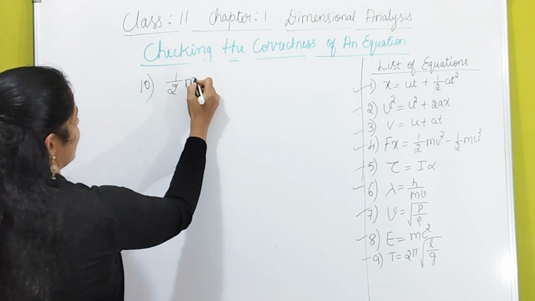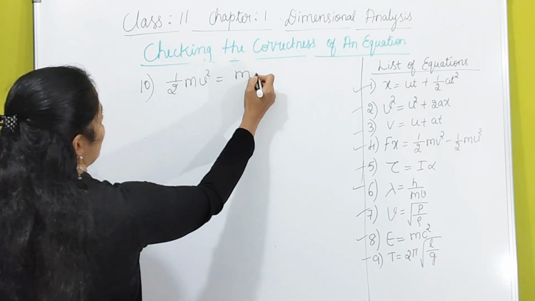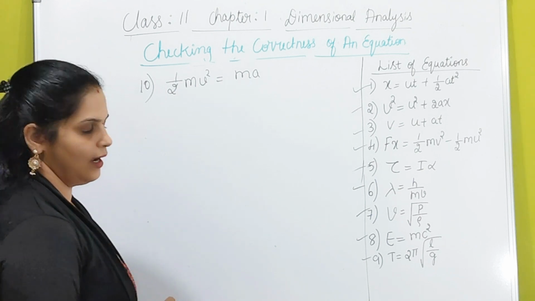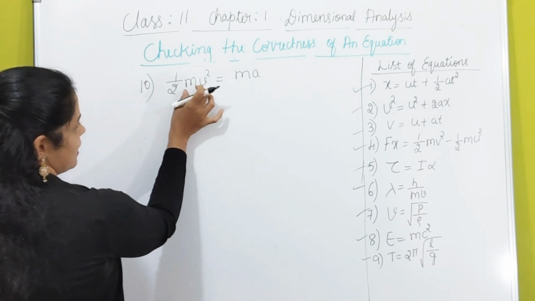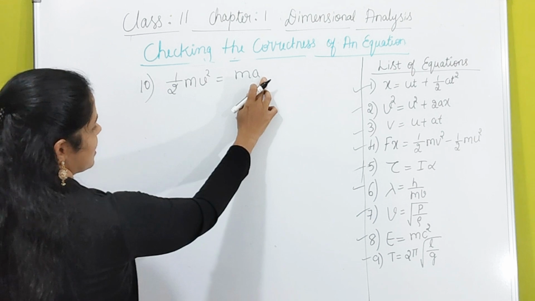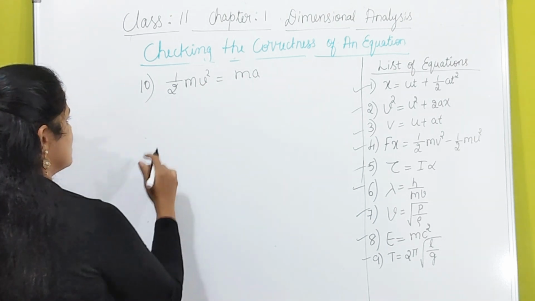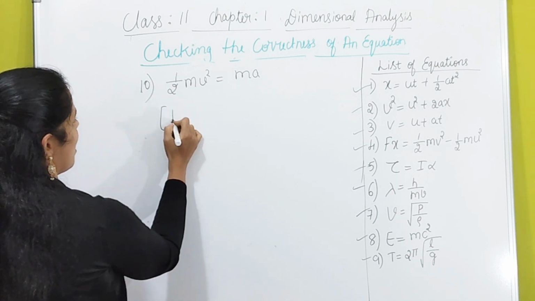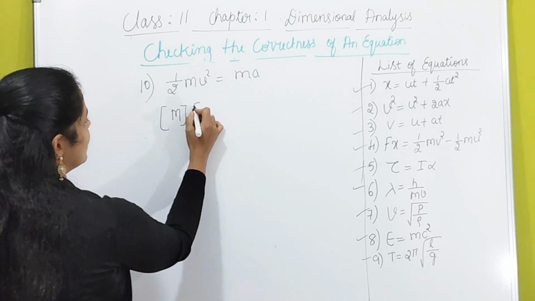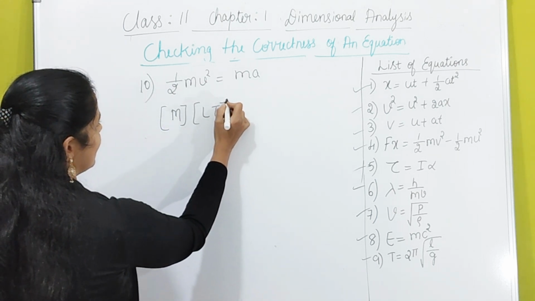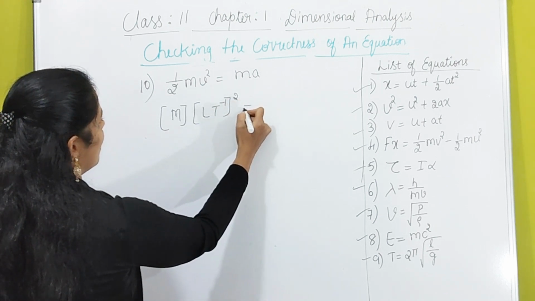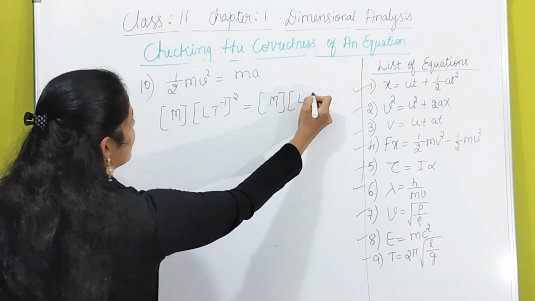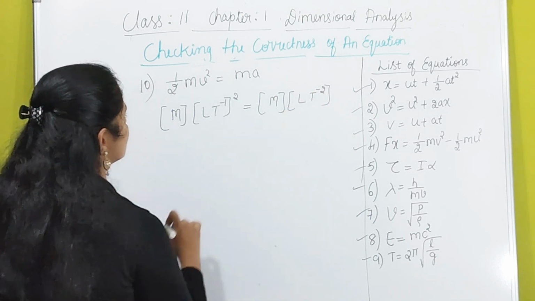Half mv square is equal to m into a. We need to check whether this equation is dimensionally correct. We know all the terms. M is mass, A stands for acceleration, V stands for velocity. I'll write the dimensional formula of the left hand side terms: mass is capital M, V is velocity, LT minus 1 to the power 2, and here mass, and this is LT minus 2.